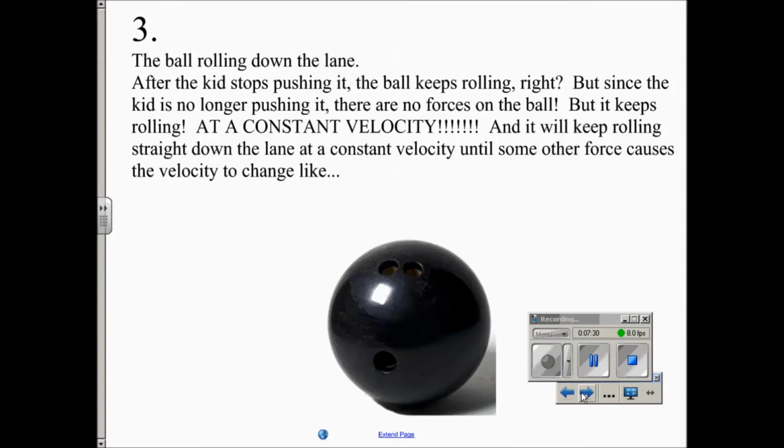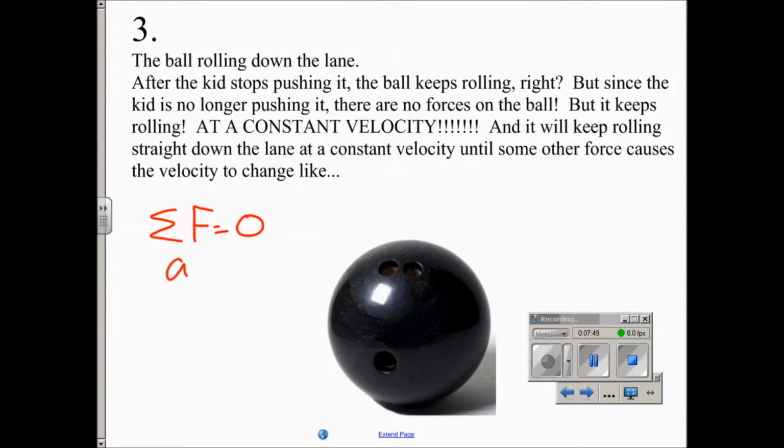Now the ball's going to roll down the lane, right? It left his foot. The kid pushed the ball with his foot in this case. The ball's going to keep rolling, right? But since the kid is no longer pushing it, there's no forces on the ball. That's huge. That means that the net force on the ball is 0, right? There's nothing pushing the ball forwards or backwards or anything.